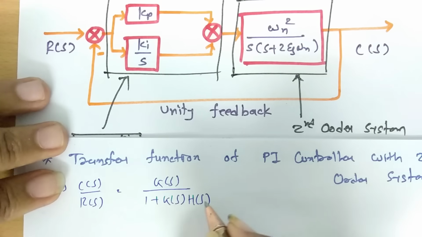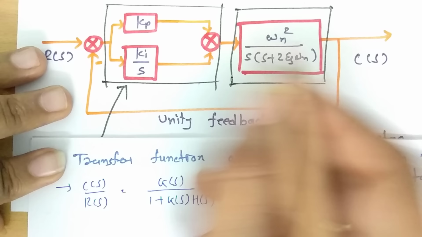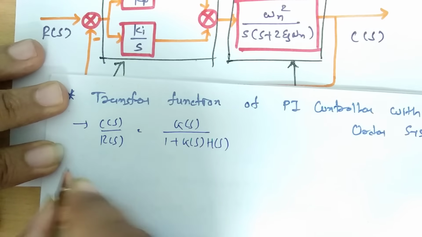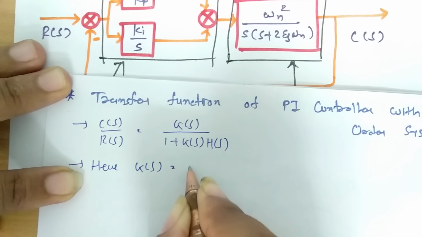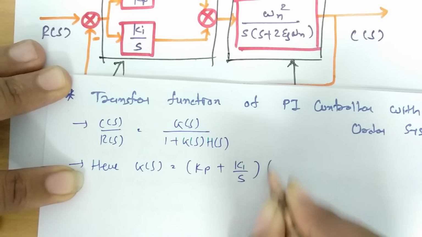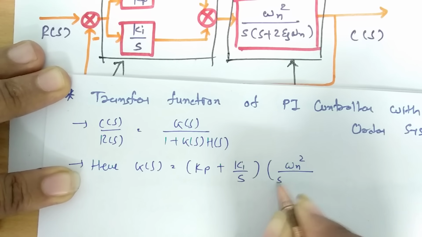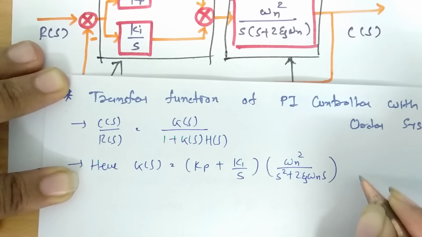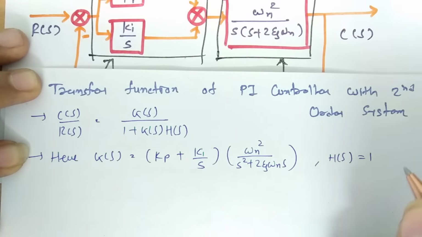And here H(s) is unity feedback, so it is 1, and G(s) is the multiplication of these two blocks, and this block is Kp plus Ki by S. So we can say here G(s) is equal to Kp plus Ki by S into omega n square divided by S square plus 2 zeta omega n S. And H(s) for unity feedback is 1.